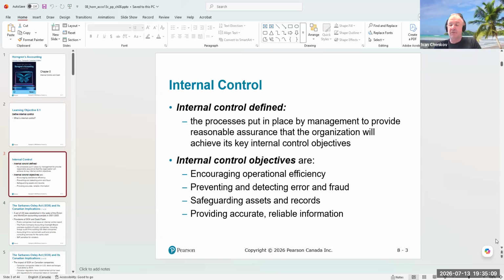And internal control is also going to ensure that the information provided is accurate and reliable.